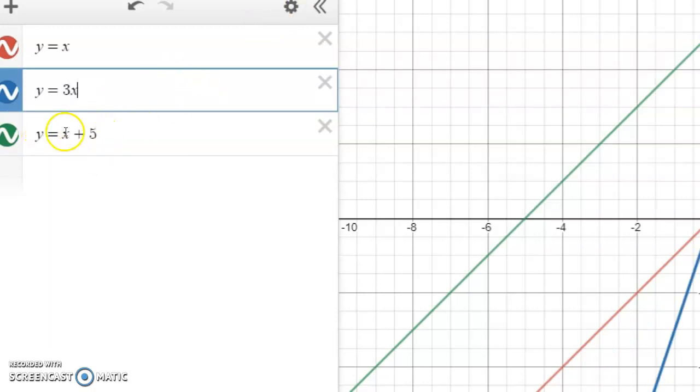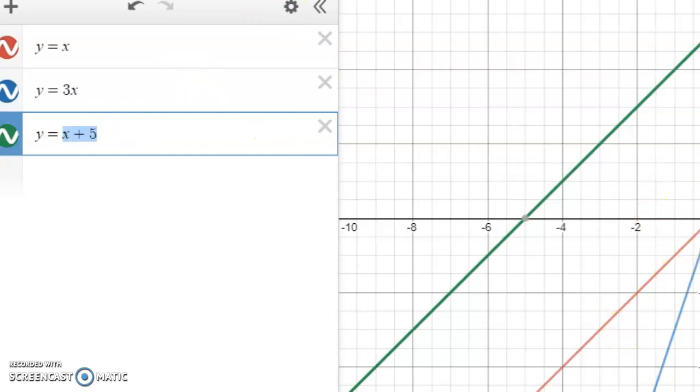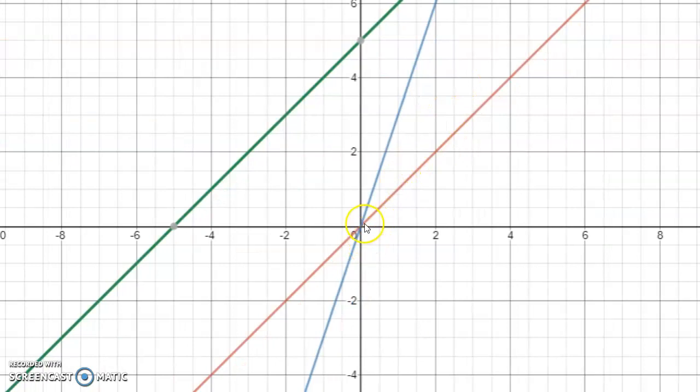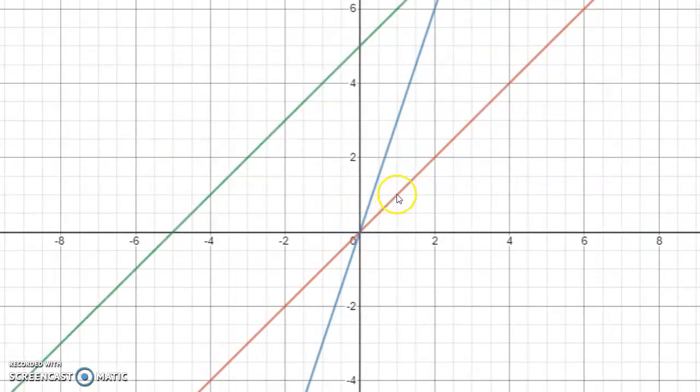So see how the y equals x, you've got a 1-to-1 ratio. That's 1, 1, right there. 2, 2. But when you've got a 3x, this thing goes from 0, 0. The next time it crosses over would be right there. 1, 3. Okay, so you've got a slope of 3.